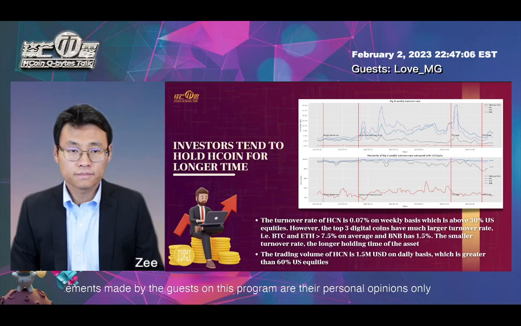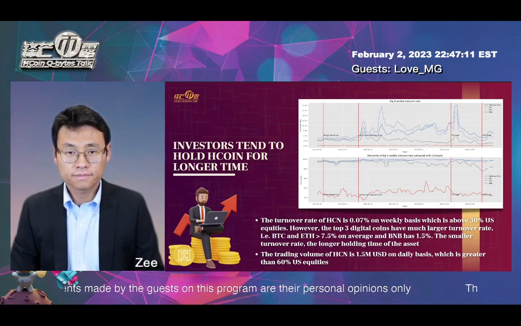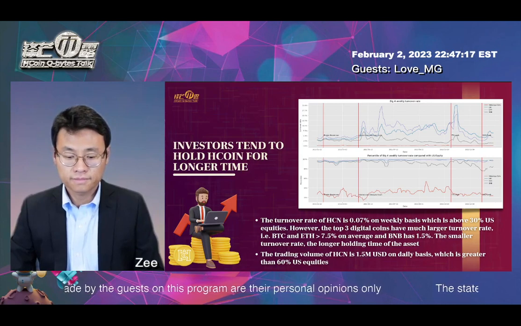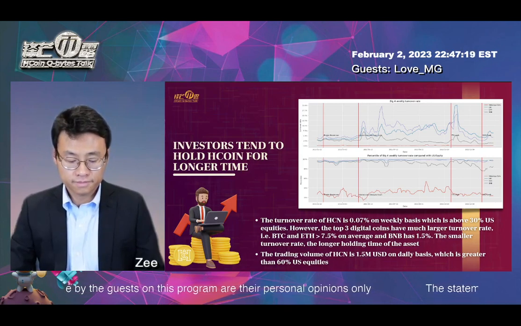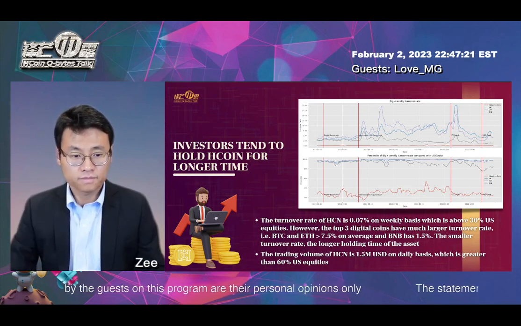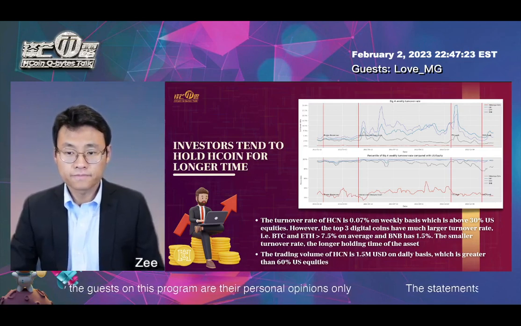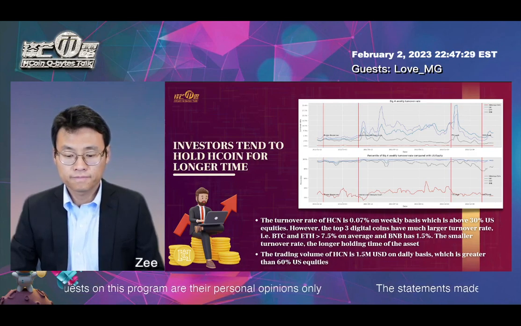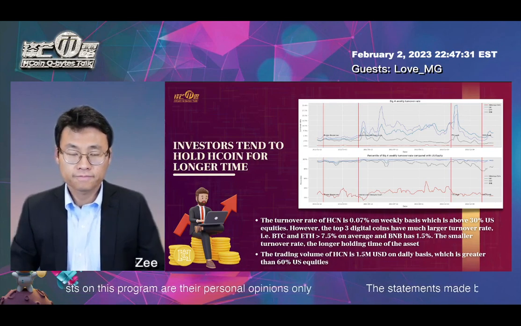Bitcoin and ETH, however, have 7.5%. If you take the reciprocal of this number, it is equivalent to how long an investor will hold the asset. 1 over 7.5% is, for example, 14 days. So people tend to hold Bitcoin only for about 14 days.